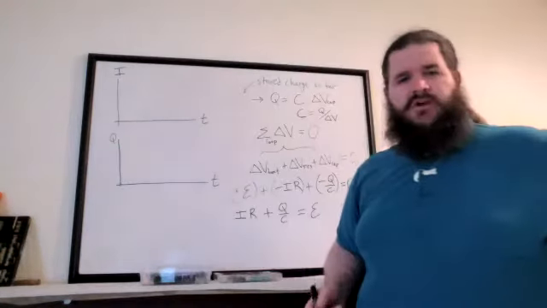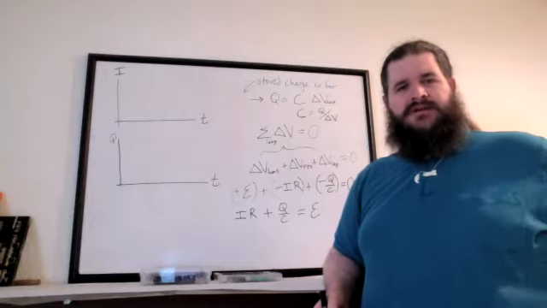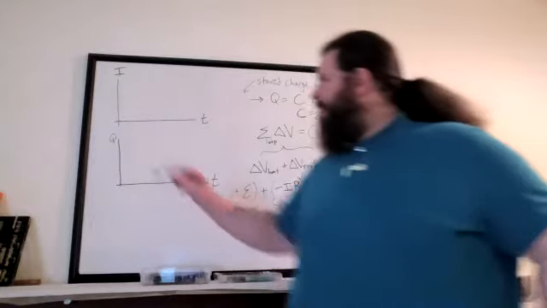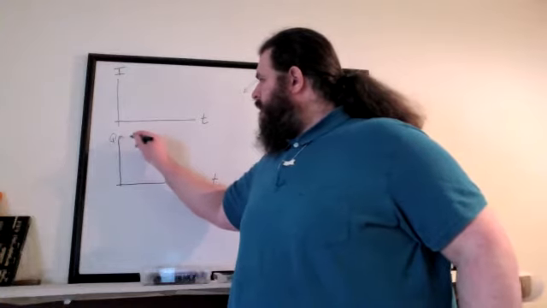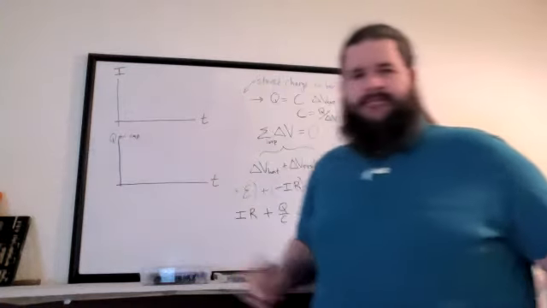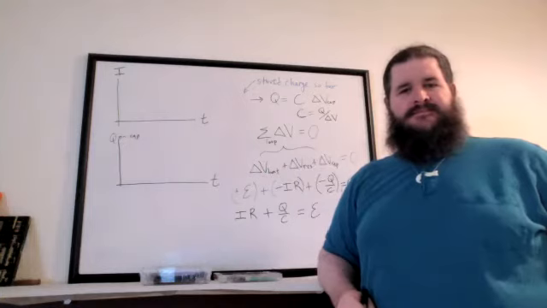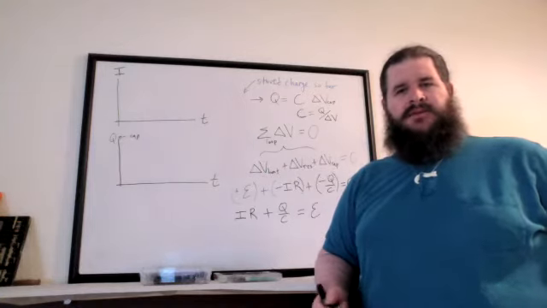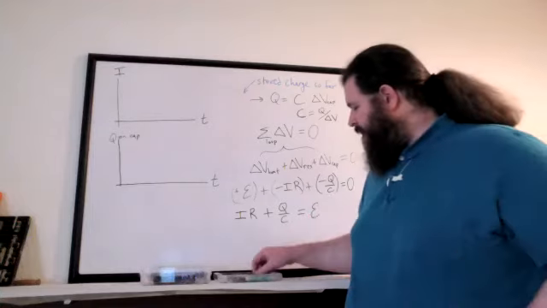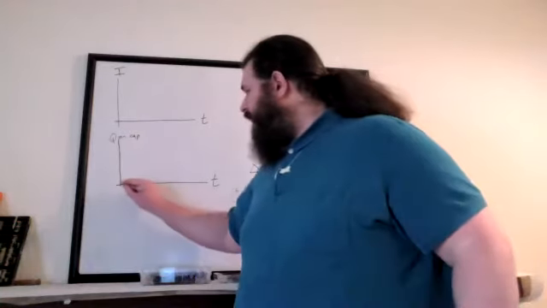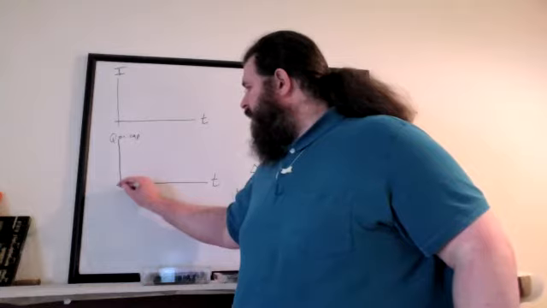We're assuming we're starting off with how much charge on the capacitor? Would it be 0 charge? Yeah, let's assume we start off with the capacitor empty, no charge at all. So the capacitor starts off at 0 charge.